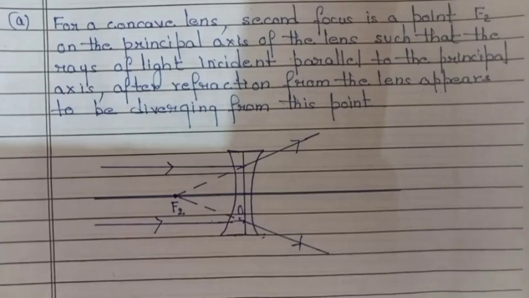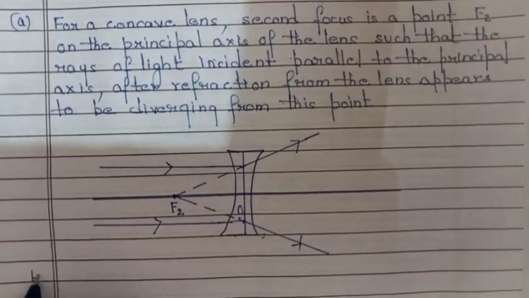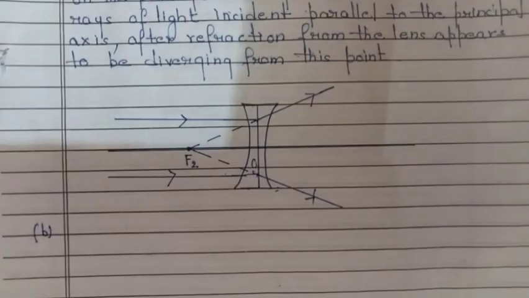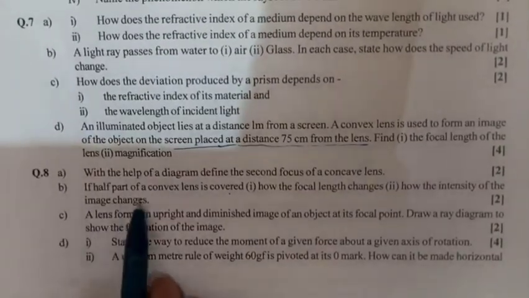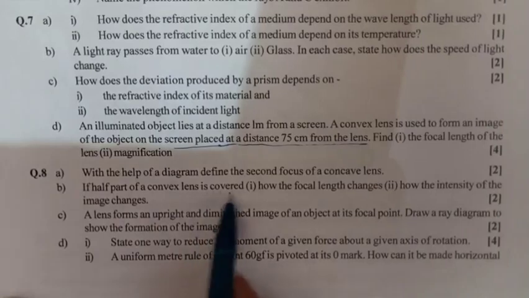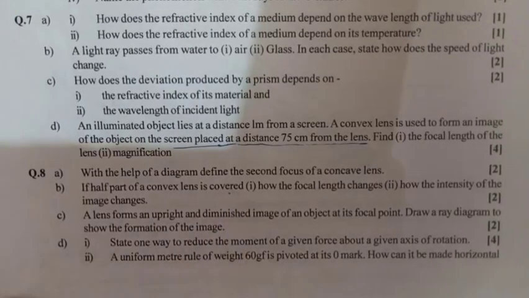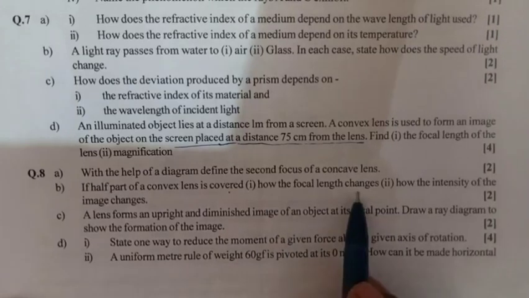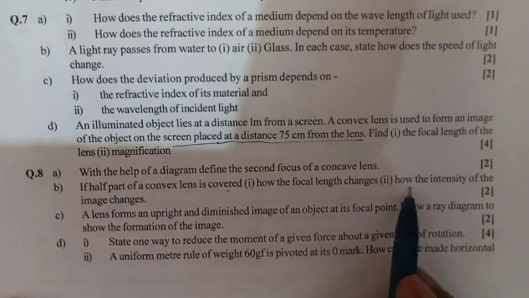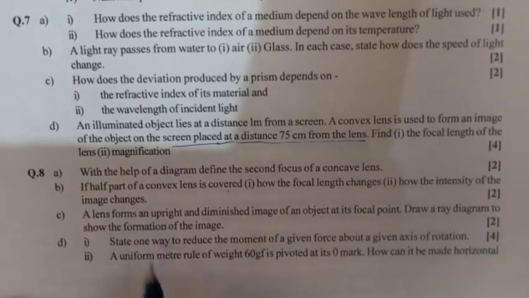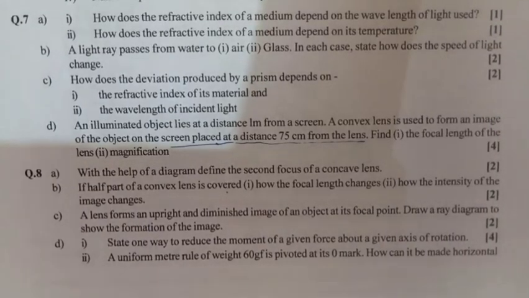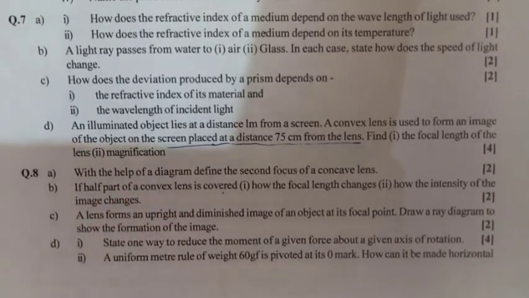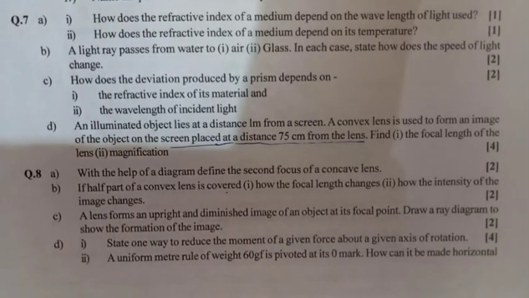Okay, now the second part of this question. Let's see what they have asked. They say if half part of a convex lens is covered, how the focal length will change and how the intensity of the image changes. Now remember, if you are covering the half portion of a convex lens, it won't affect the focal length.